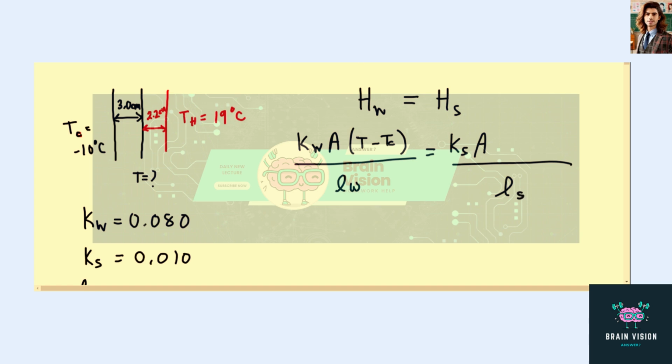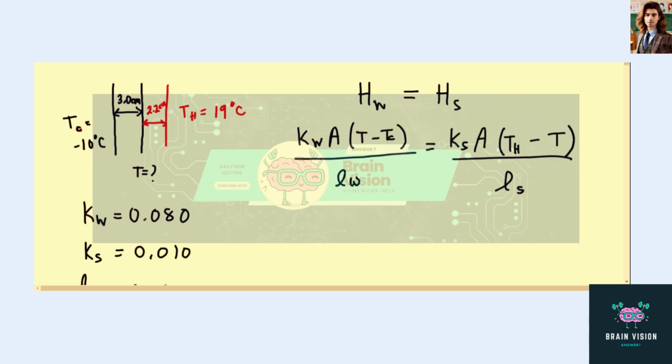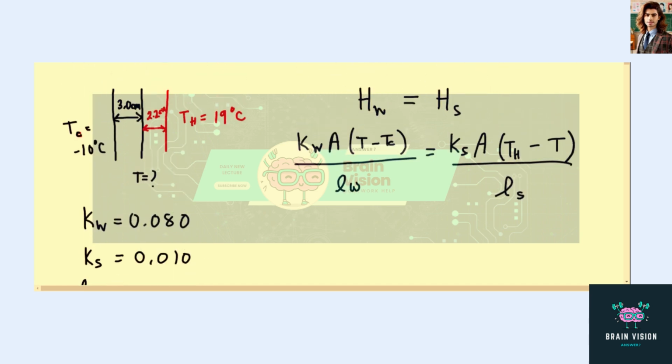This time the T in the middle is going to be the hot temperature, and we'll have TC there. This A is the cross-sectional area through which the heat is flowing. That should be the same through both sections of the wall.